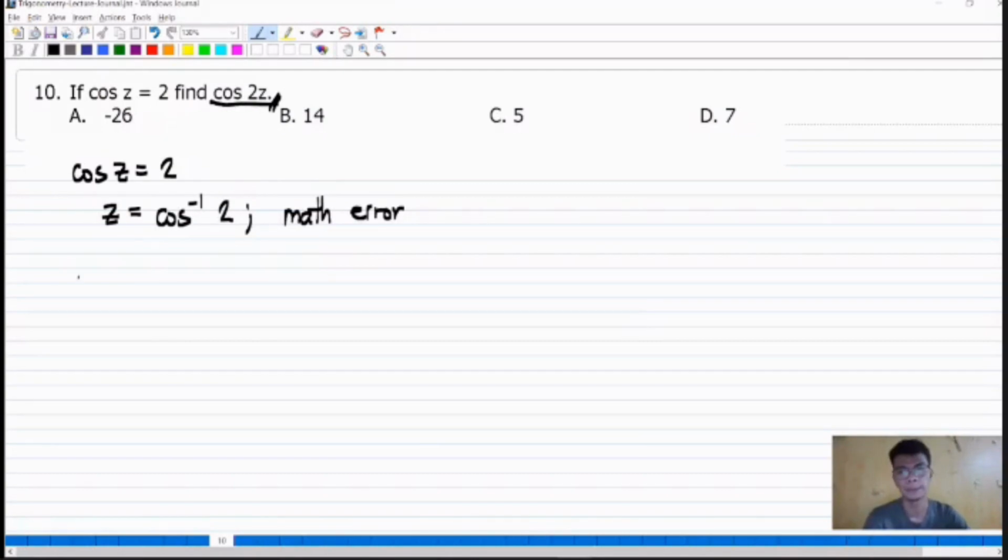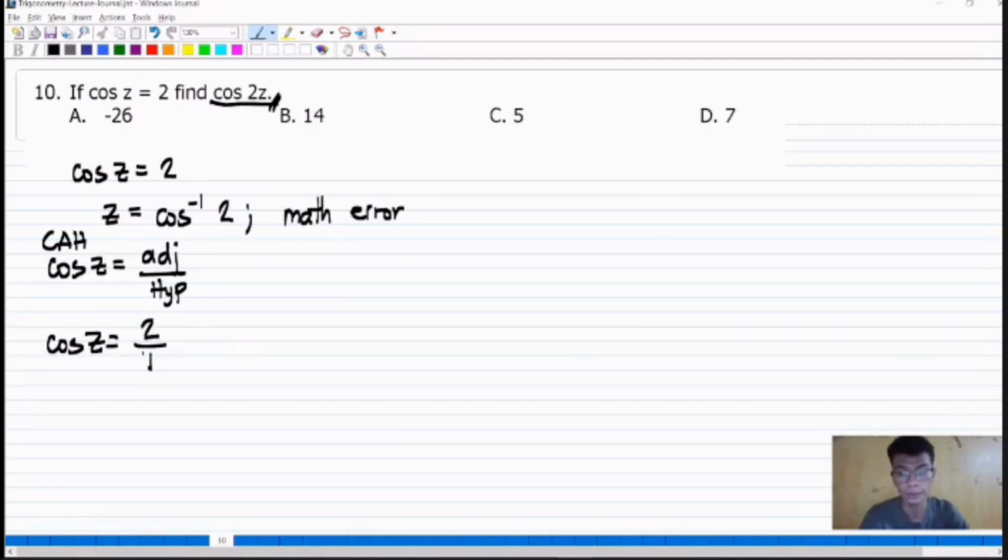So, ano yung gagamitin natin? The right triangle. Diba? The cosine z, that is CAH relation which is equal to the adjacent over the hypotenuse. Kaya kung ipapakita natin yung cosine z na yan, ipapakita natin yung fraction, that is 2 over 1.